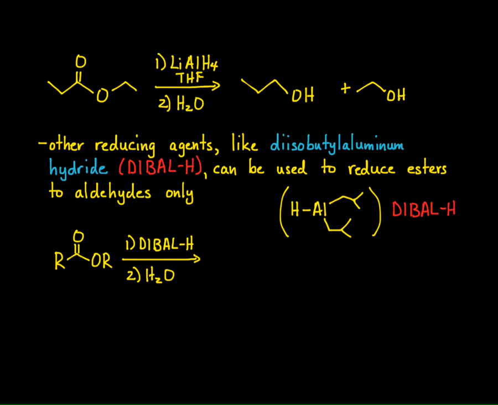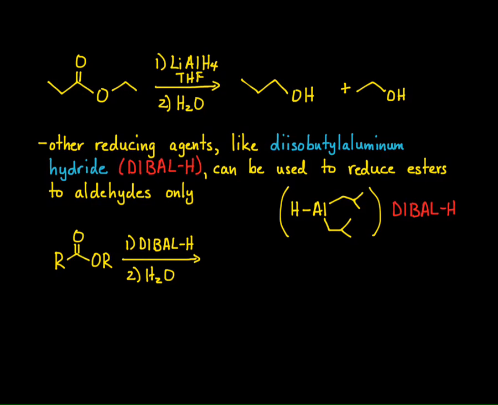It has a hydride source to it, but the aluminum actually is neutral in this type of species. So it is a hydride, but it's not like the aluminum hydrides that we've seen before. And number one, it's slightly less reactive, and so it doesn't react with ketones. It doesn't react with aldehydes to reduce them, but it is reactive enough to reduce an ester.